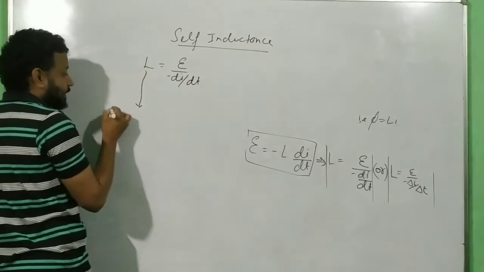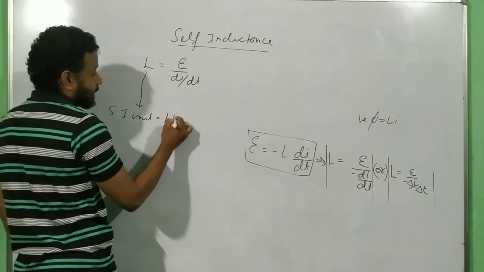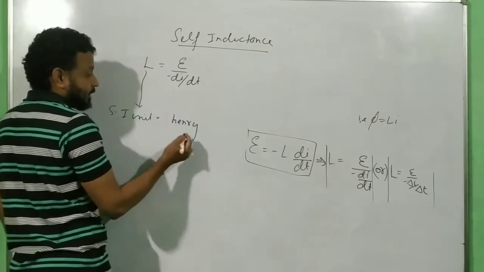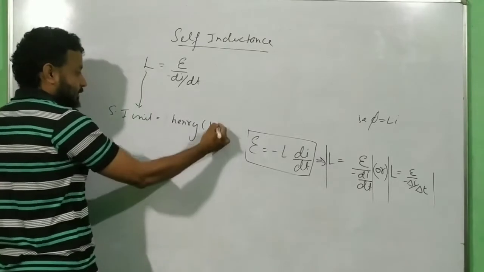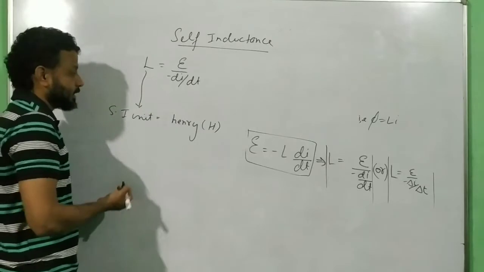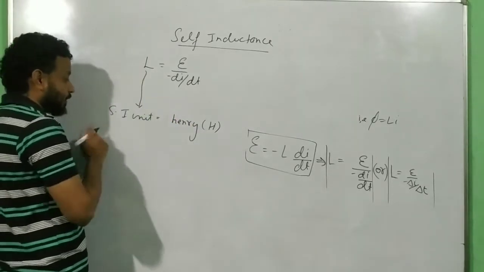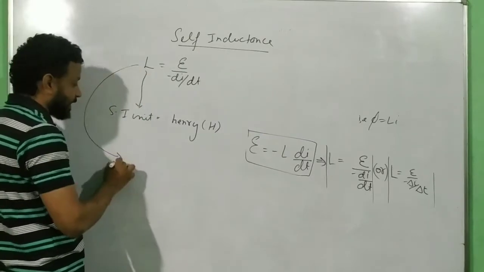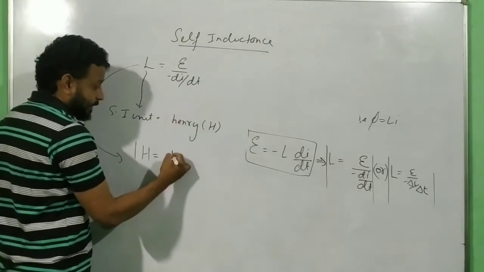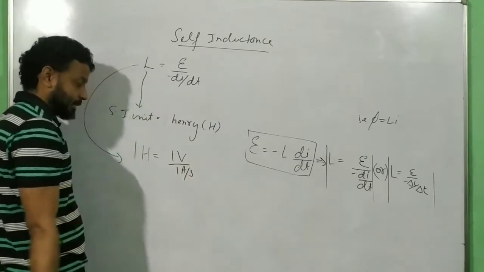This L has an SI unit, called Henry, denoted as capital H. This is the SI unit of self-inductance. Now from here we define 1 Henry. How much is 1 Henry? If I write the value of L as 1 Henry, EMF as 1 volt, di by dt as 1 ampere per second.